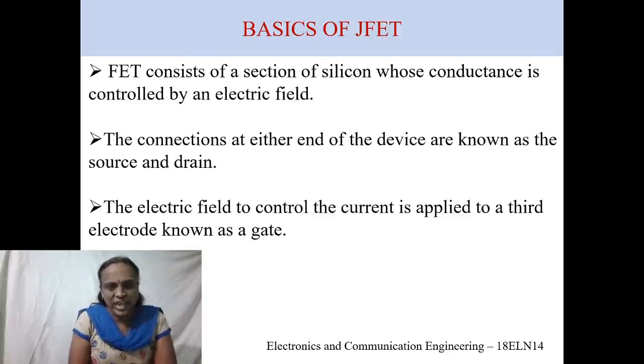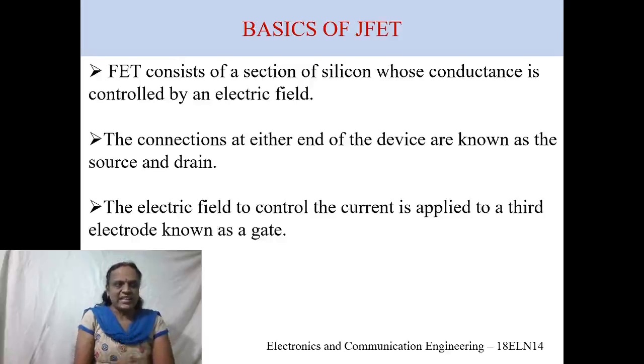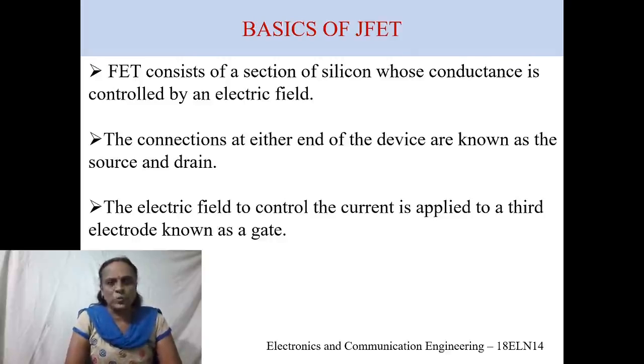Hence, we have three terminals, namely source, drain and gate. As only the electric field is applied and it controls the current flow in the channel, the device is said to be voltage operated.